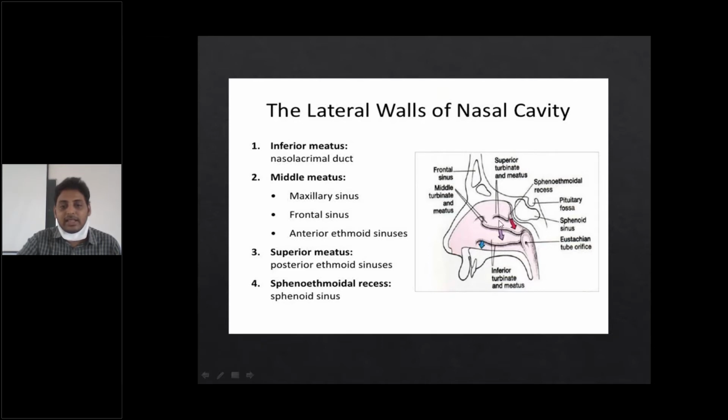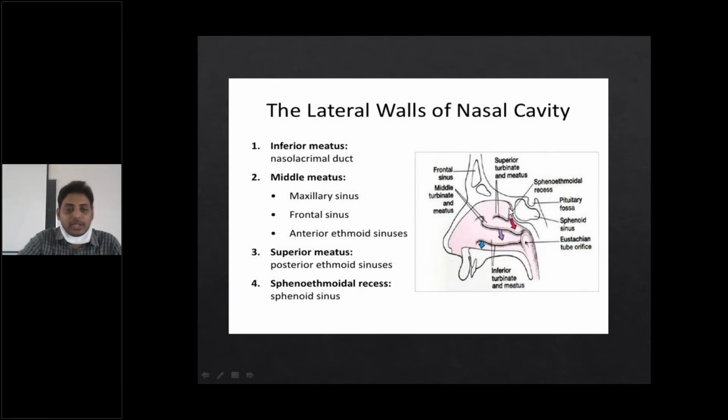In the middle meatus, you will be having the maxillary sinus opening, frontal sinus opening, and anterior ethmoid sinus opening. In the superior meatus, which is below the superior turbinate or superior concha, the posterior ethmoid sinus opens. In the sphenoethmoid recess, you will see the opening of the sphenoid sinus.